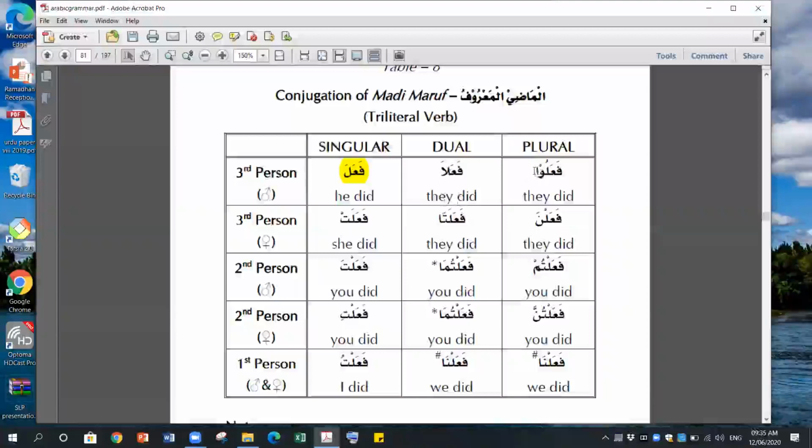Because the root word is the same, fa, ain, lam, we added waw and alif and it became plural. So whenever you say katabu, dakhalu: they wrote, they entered. Sharibu, they drank.